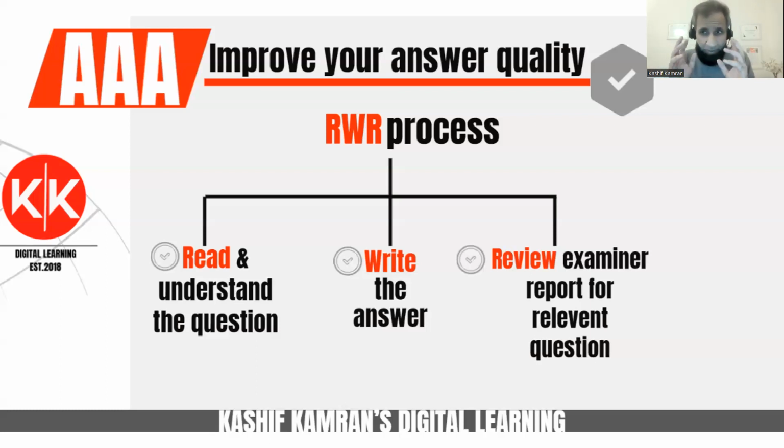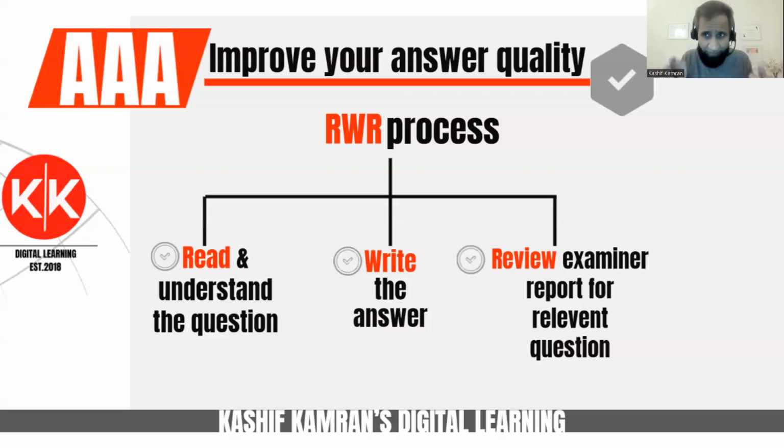Now, you know your answer. You can keep your answer on the screen, and you can have a printout of the examiner report, or you can read the examiner report on the screen as you wish. But while you're reading the examiner report, wherever he tells you that this was done good by the student, try to relate that with your answer. Try to see, okay, this is what the examiner is saying is good, and I did that.